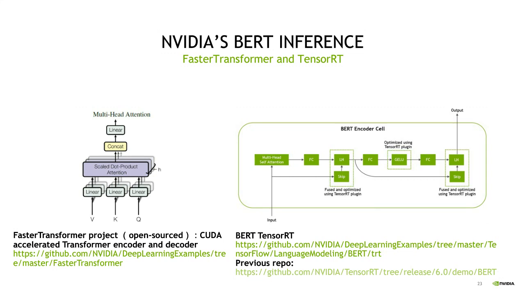And we also released a BERT TensorRT code. It was previously released under the TensorRT open source project, in its demo, and you can find the code in its 6.0 release. All the case study today is based on this branch.